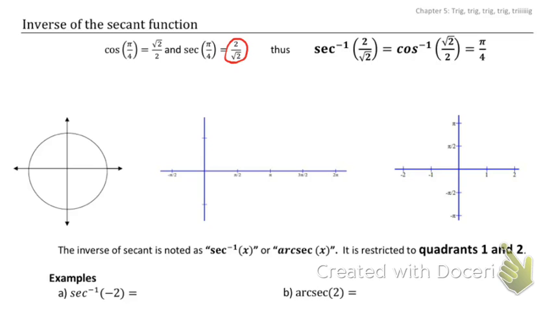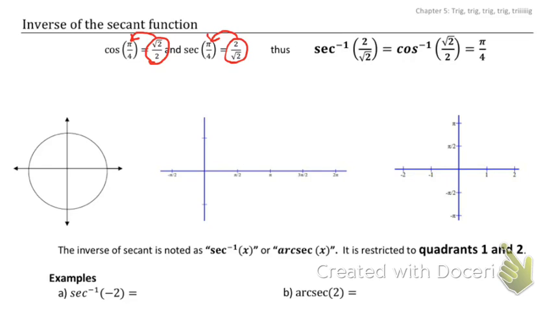So that means the secant inverse of 2 over square root of 2 better spit back out pi over 4. And the cosine inverse of square root of 2 over 2 is going to spit back out pi over 4 as well. So that's going to give me that secant inverse of 2 over square root of 2 is the exact same thing as cosine inverse of square root of 2 over 2. So you do the reciprocal inside, and either way that's going to spit out pi over 4.